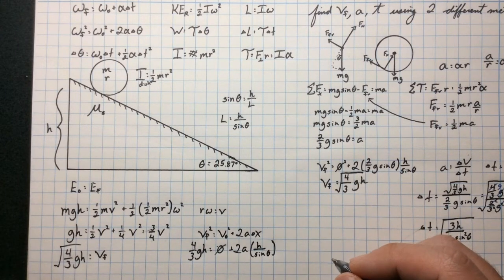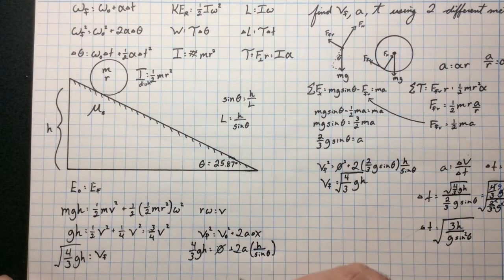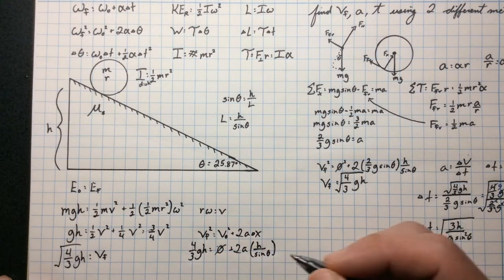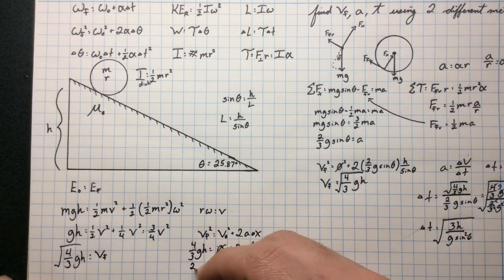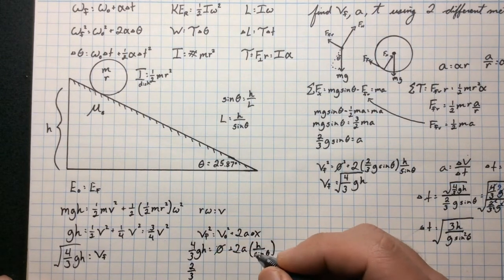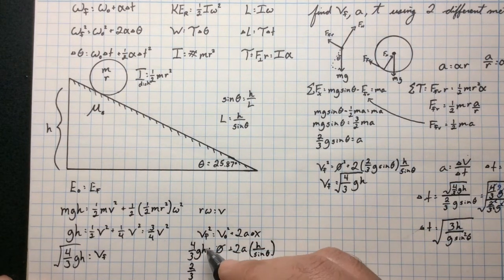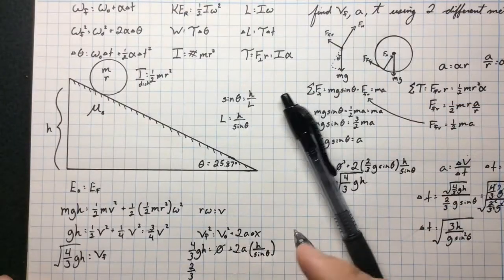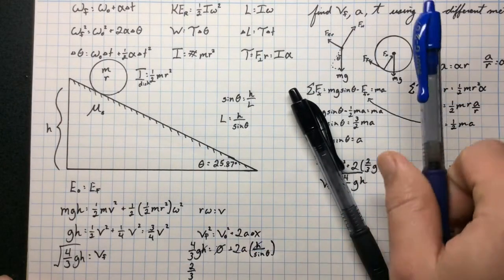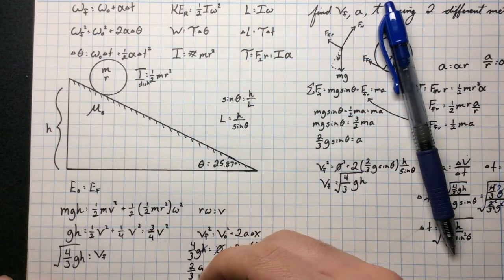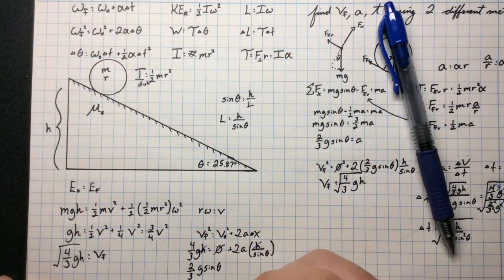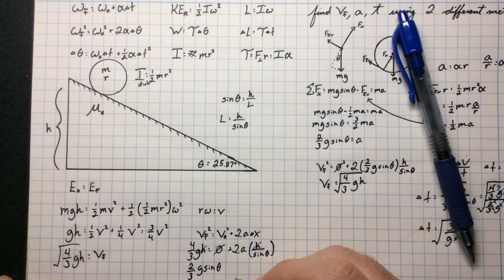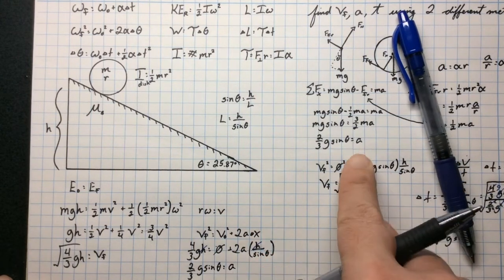If we do the math, we can find a. We divide both sides by 2, so that 4 turns into a 2, that's going to be 2/3. I'm going to move this stuff over. The h's are on both sides, so they cancel out. Write that in: g, and then we would have a sine theta there. And that works out, that's the acceleration, that's what we got over here.